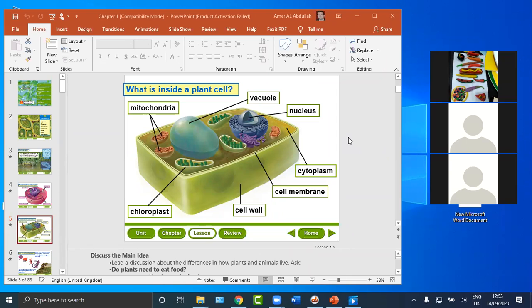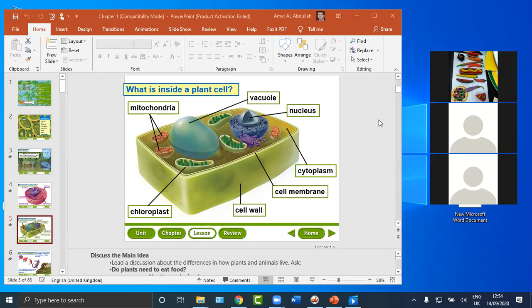Now, if the plants need to eat food, Ziad Nabtawi? Do plants need to eat food? No, they make food by themselves. Excellent. Now, what helps plants get energy and make food?